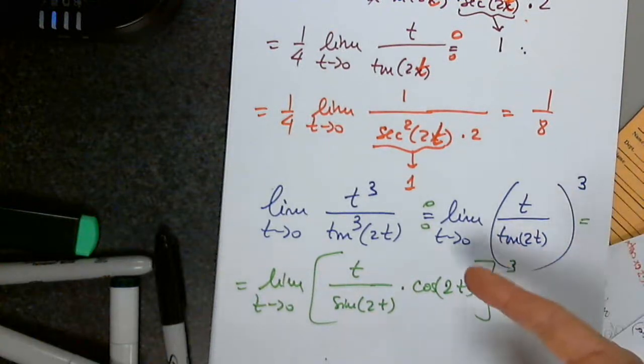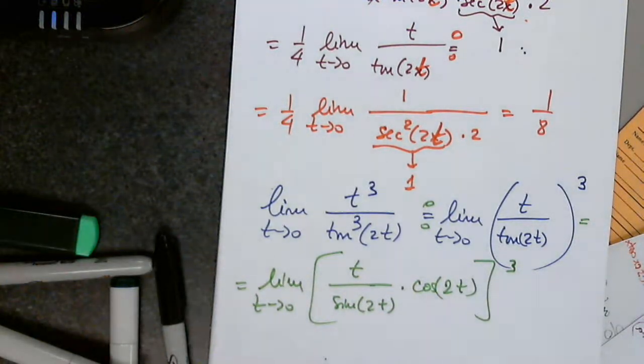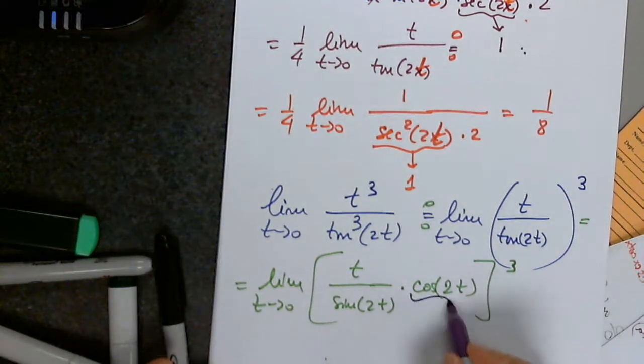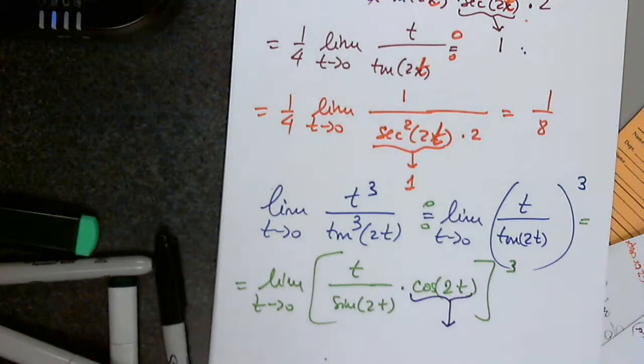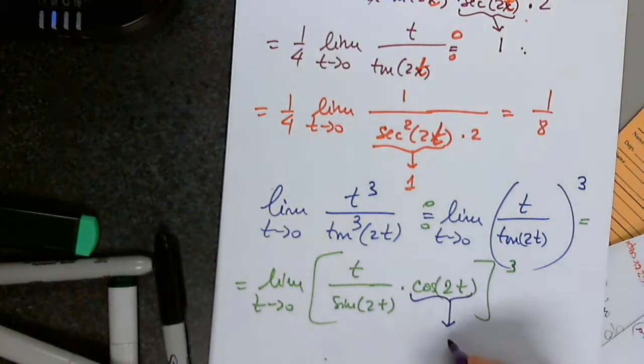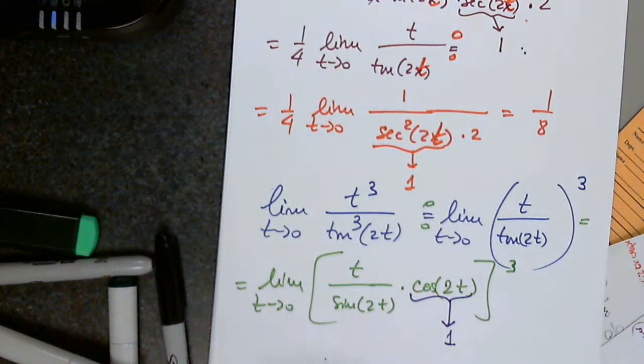And I have to flip it. So I get cosine over sine. What does this approach when t approaches 0? Yeah, exactly. Now keep in mind, this is 2t.